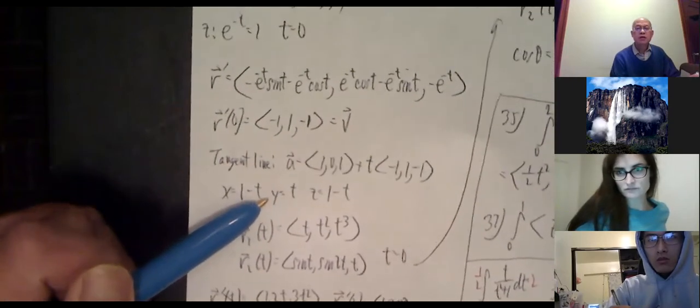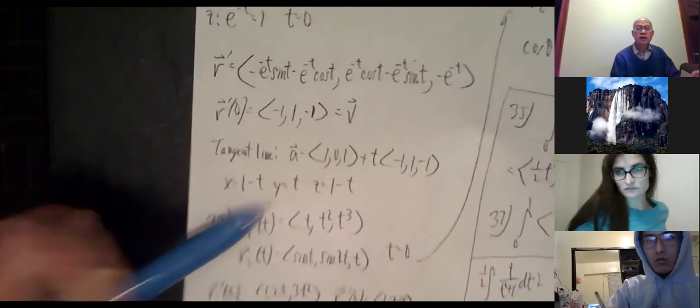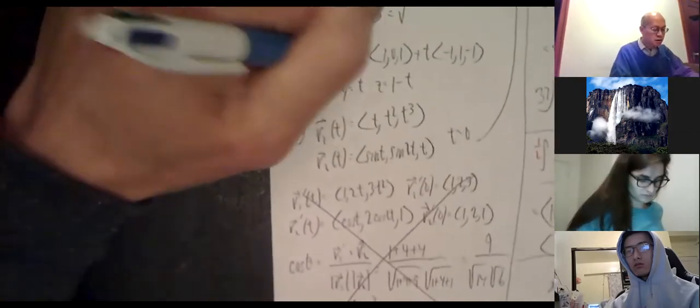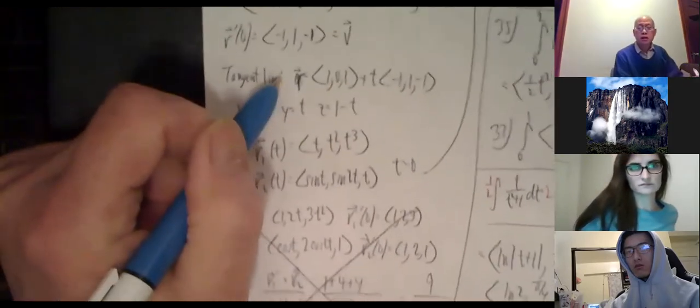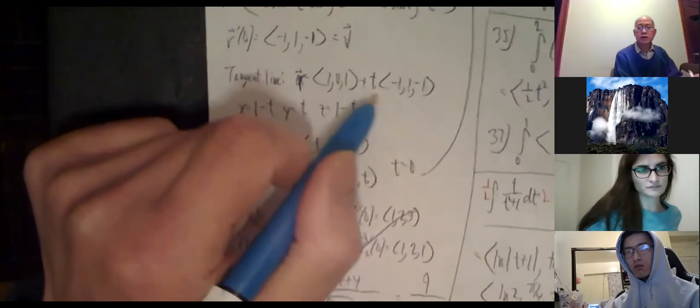Okay, so the tangent line, sorry, that's R. So by formula R is R0 plus TV.